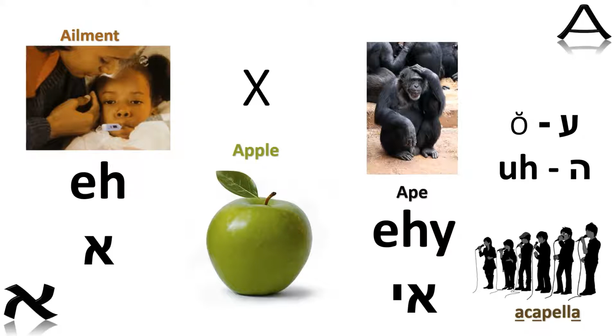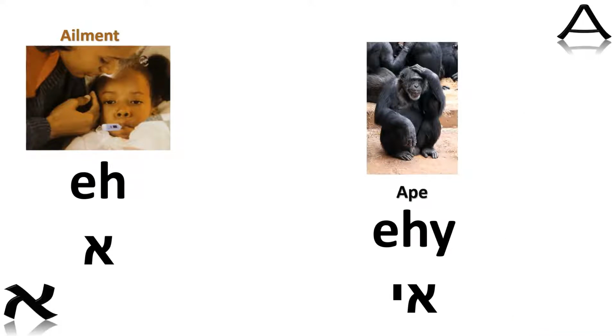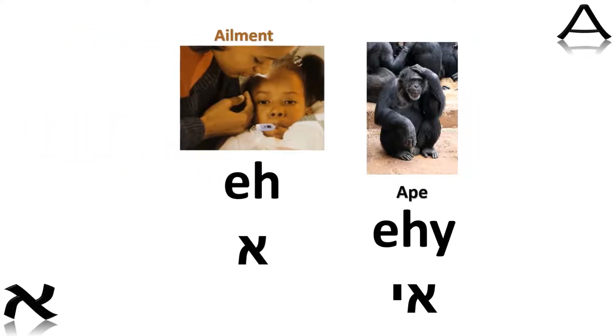And clearly, acapella actually makes the short O and the short U sound, for which the ancient Hebrew has its own equivalents. So let's go ahead and declutter. We'll get rid of everything that has nothing to do with Aleph. There. These are the sounds related to the Aleph.